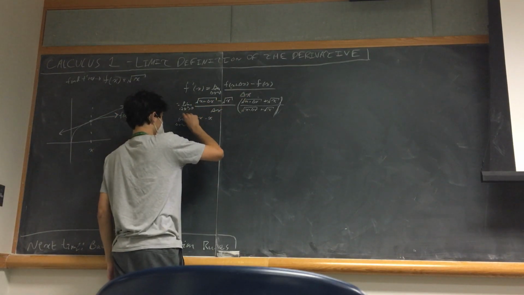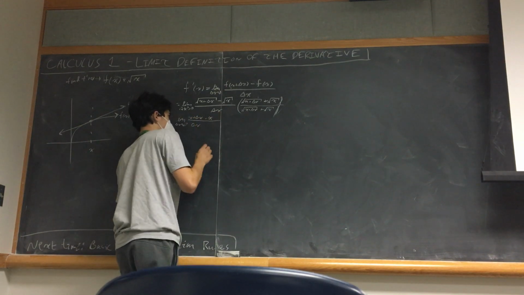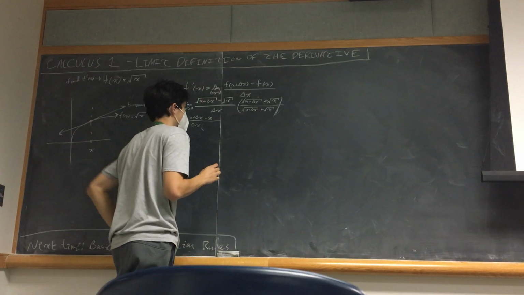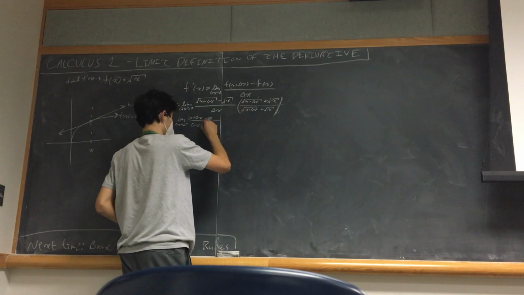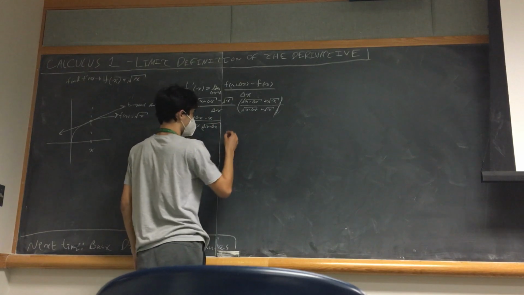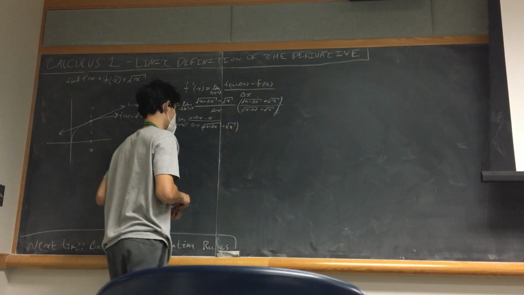And then this is divided by delta x times this. We have this on the denominator, square root of x plus delta x plus square root of x.